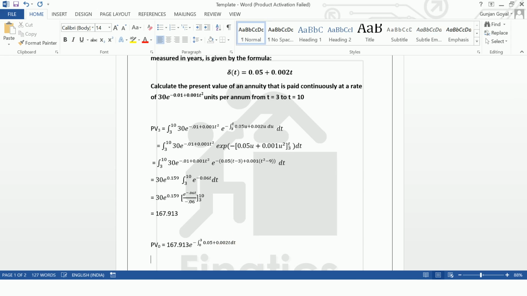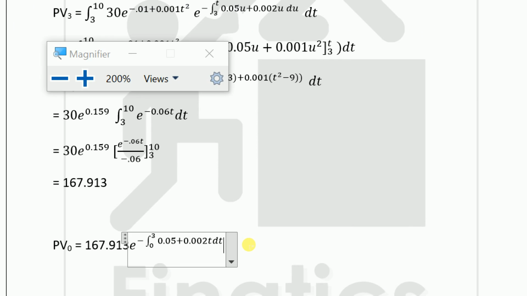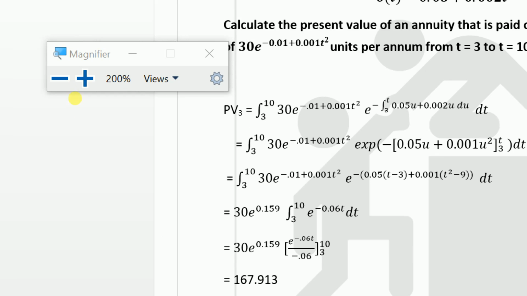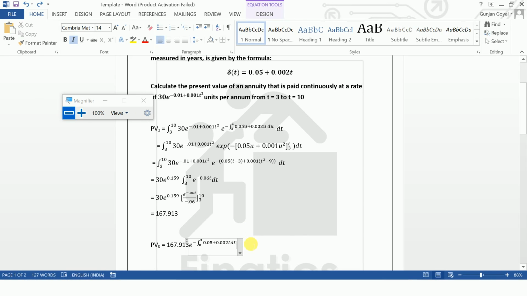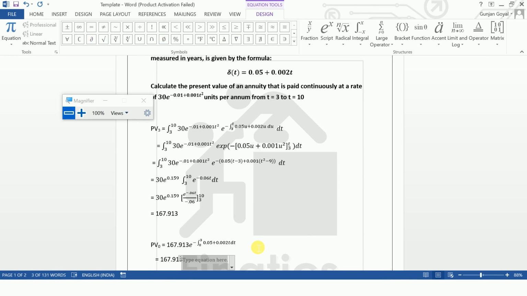and then you solve this. In the power you get 167.913, again alt equals to, and then you write e to the power.